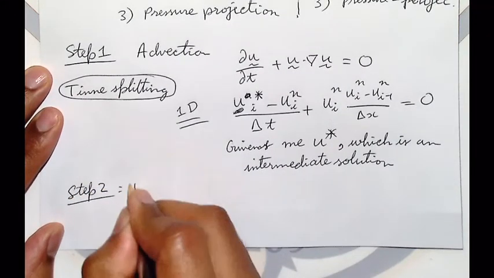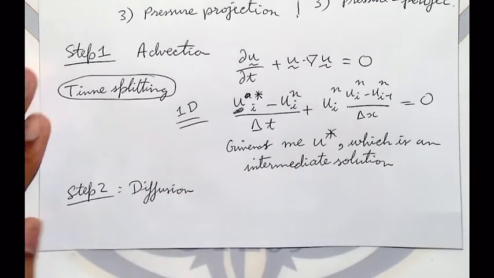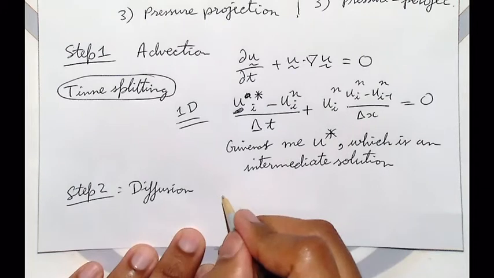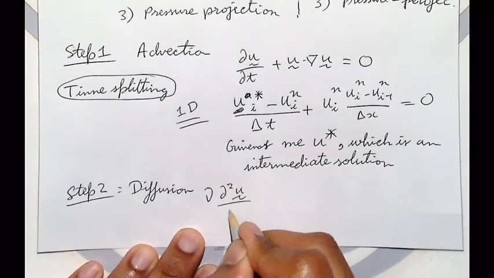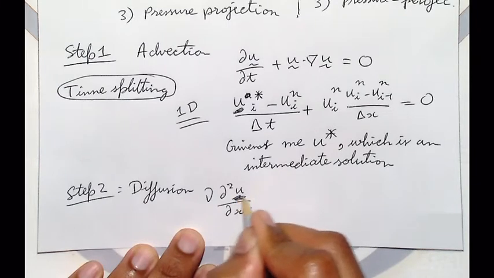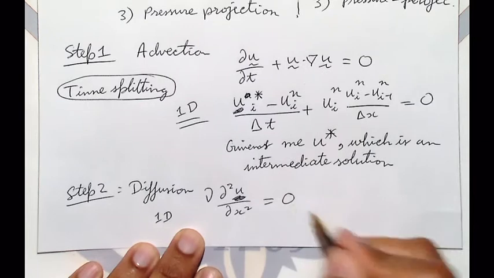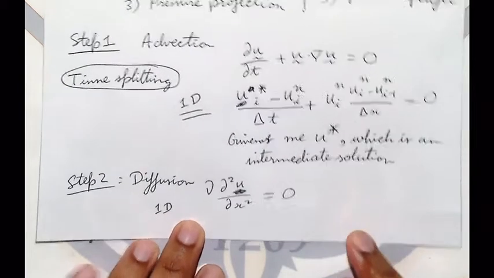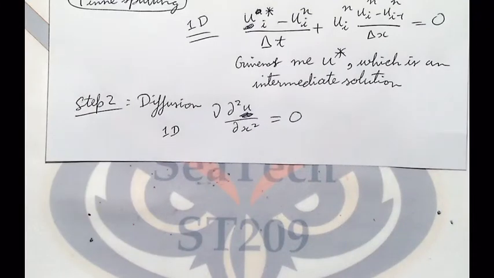Step 2 is diffusion. So we have nu times del squared u over del x squared in 1D equals 0. This also we know how to solve.